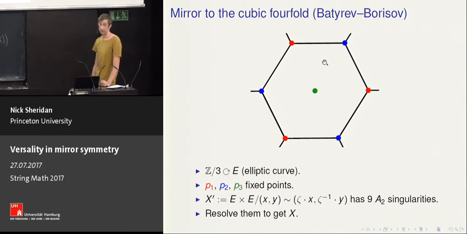So we have 3 fixed points of this group action, and we take the product of the elliptic curve with itself, and quotient by the anti-diagonal Z mod 3 action. This has 9 A2 singularities, which are the images of the points Pi, Pj. So we resolve them to get a K3 surface X.